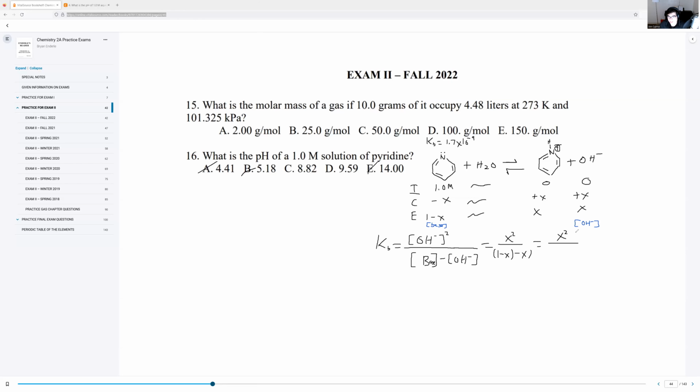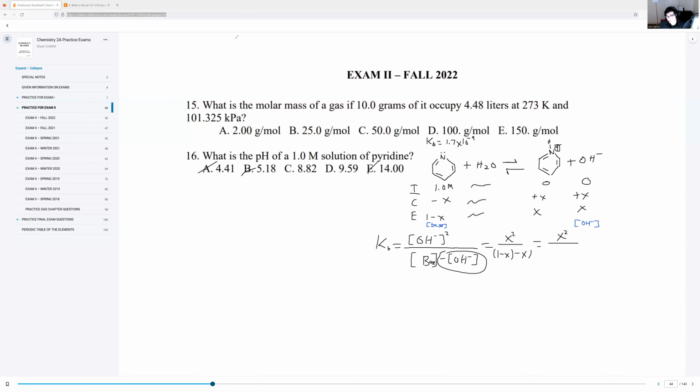I'm not saying that this is negligible because quite frankly, I don't know if it is. You can qualitatively guess that this is going to be pretty weak since it's 10 to the negative 9, and so you're not going to get that much hydroxide formation. So you could say that this is negligible.